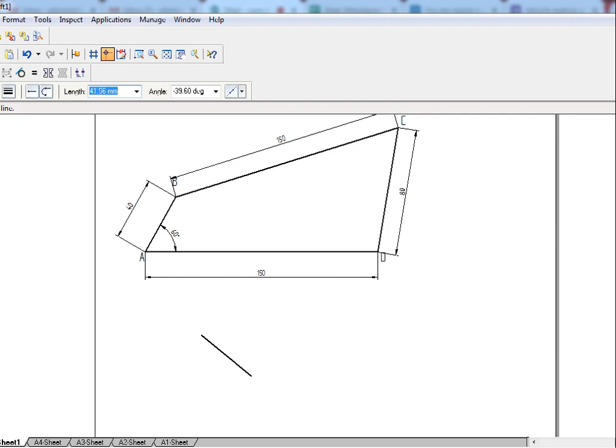So A and D are the same point, starting point and end point. Now I have to take the link AB. So starting from A then to B, this forms the velocity of the link, which is perpendicular.